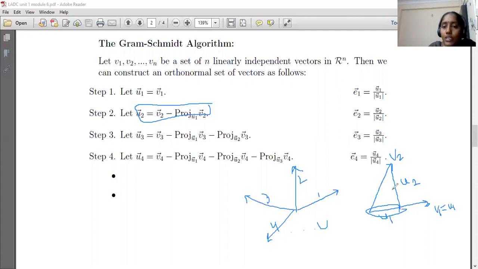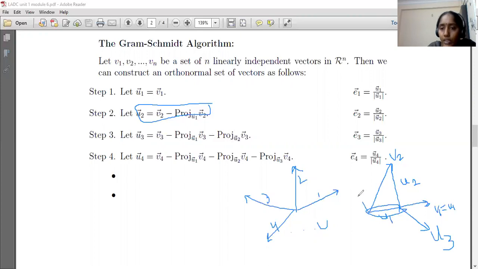Similarly, the same logic is applied for three dimensions. Here U1 and U2 are orthogonal to each other. Now we find another vector U3, which is perpendicular to both U1 and U2. For that, we use the same logic which we used in two dimensions. Let U3 be equal to V3 minus the projection of V3, which is somewhere here.